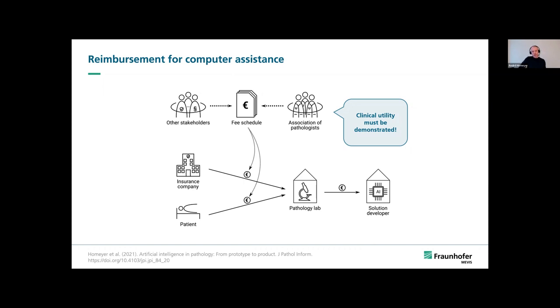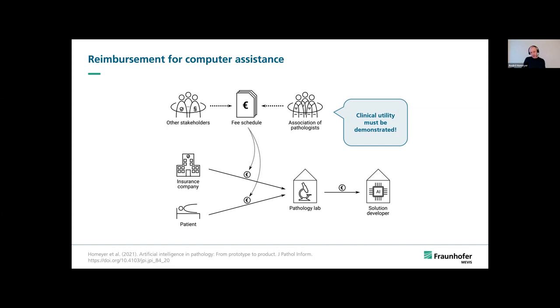In Germany, there are two different fee schedules. They are the so-called Einheitlicher Bewertungsmaßstab, very complicated word, which is used by the German statutory insurance entities, and the Gebührenordnung für Ärzte, which is used by the private insurance entities. Both fee schedules work a little differently, and also the codes in there are not really comparable.